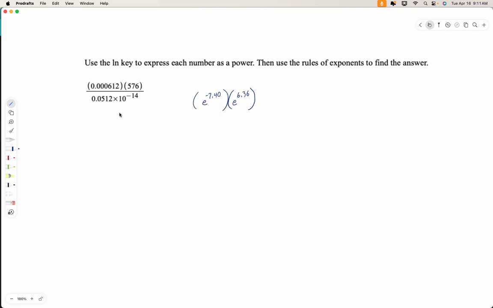So in order to do the bottom, we are just going to do ln and then this number in parentheses, okay? If it makes you feel better, this would be a really long decimal, right? So let's put this in the right format first. If I move this back, this would be minus 2, so it'd be 5.12 times 10 to the negative 16, and that's where we're going to put the ln key on.